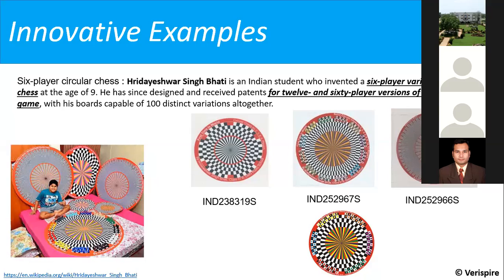In 2013, he became the youngest Indian to file a design application. It can be anything, any game, any product, any furniture, any jewelry items, any bracelet also. It can be anything.